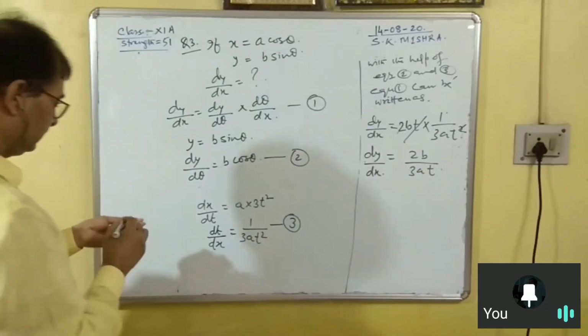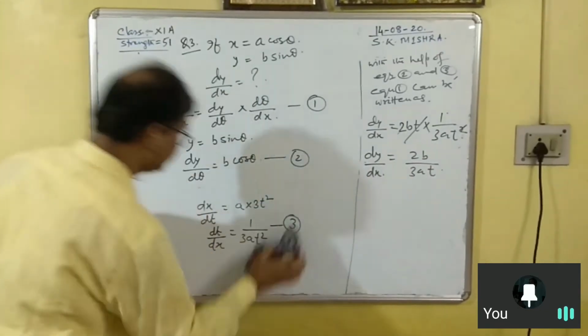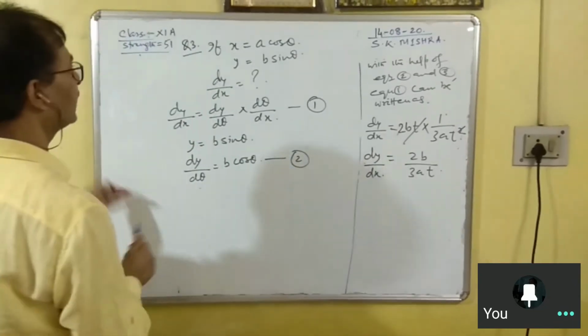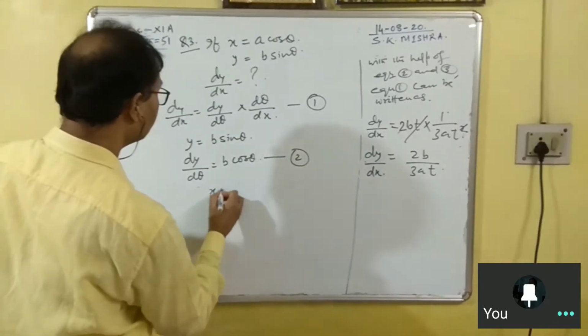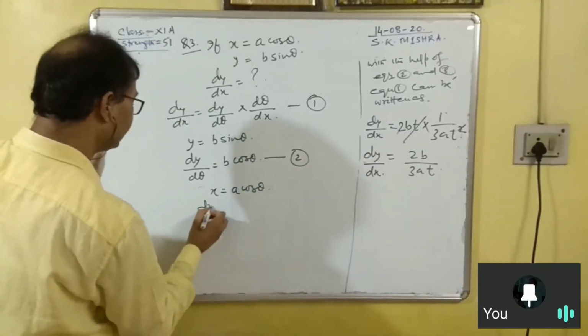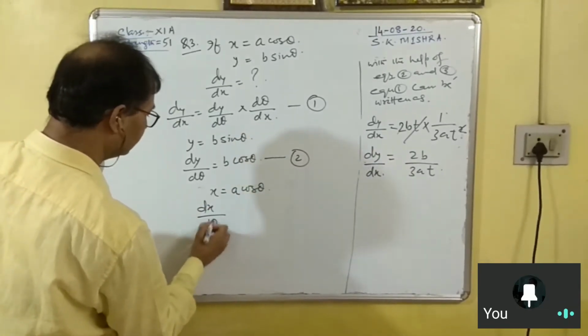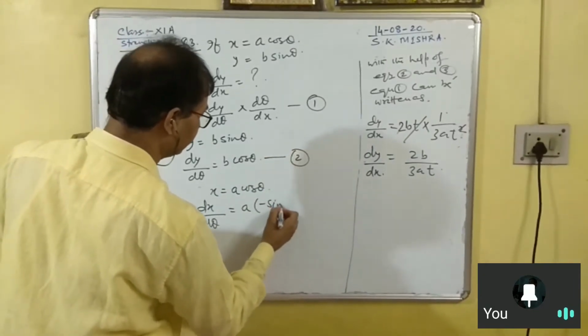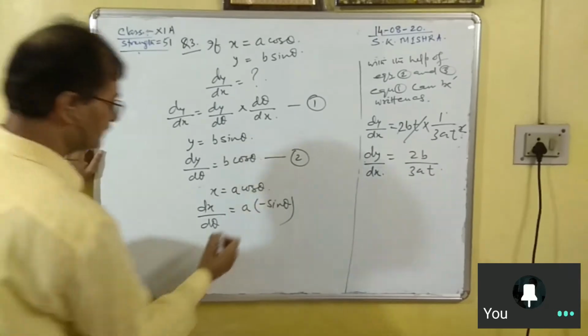And then for first part, I mean x equals to a cos theta. So tell me what is dx by d theta. It is a, differentiation of cos theta is minus sin theta. So this is minus a sin theta.